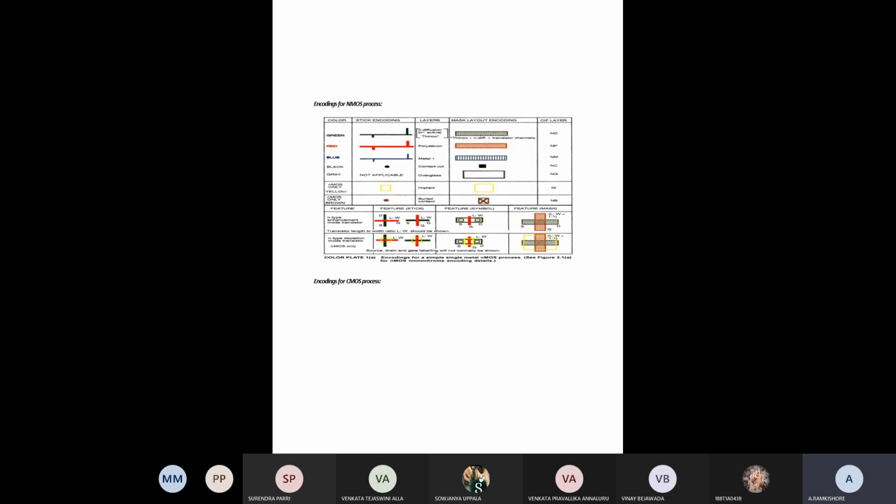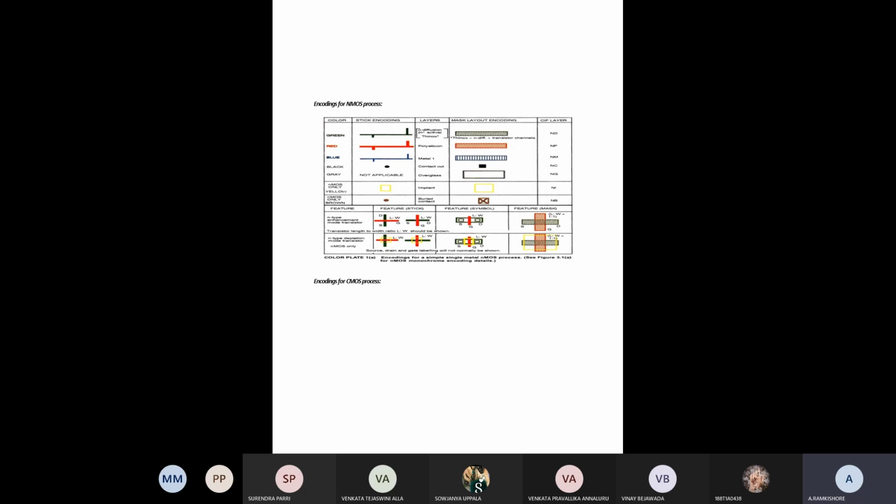And the next one, implant. We have two types of transistors in N diffusion: the enhancement mode transistor and the depletion mode transistor. Whenever we have to represent a depletion transistor in our design, we use the implant over the N diffusion enhancement transistor.